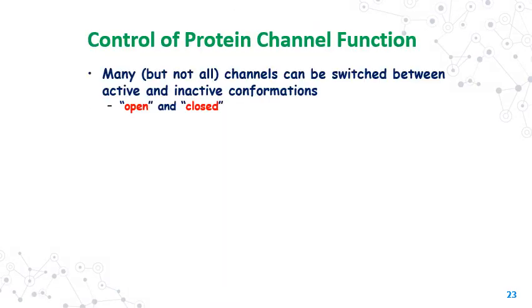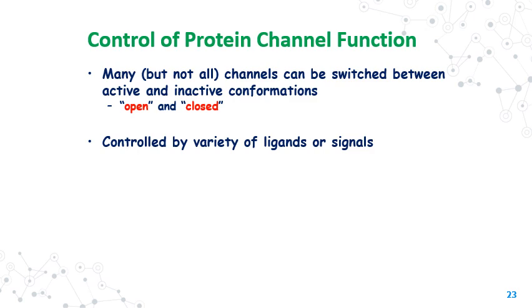All right, so how you control these channel functions? You can have channels that are open, or you can have channels that are closed, and you can use some form of messenger or some kind of chemical that is going to go and open the channel. If that happens, you call the channel ligand-gated channel. Okay.